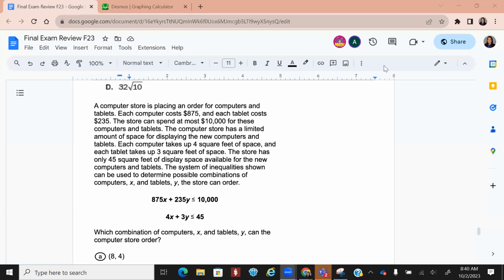On this next one, it says a computer store is placing an order for computers and tablets. Each computer costs that much, and so on. On these, they give you the inequality, so you don't have to write them. However, it says, which combination of computers and tablets can the computer store order? I would highly suggest when you have something like this, you take this and plug it into Desmos and see where those two things cross over, or see where these points would lie.